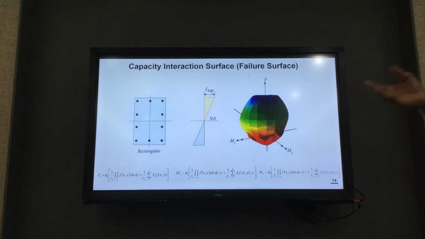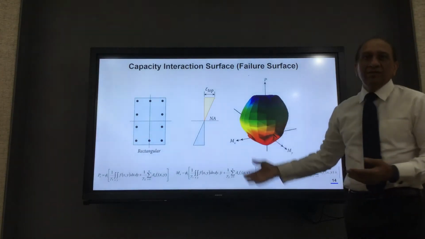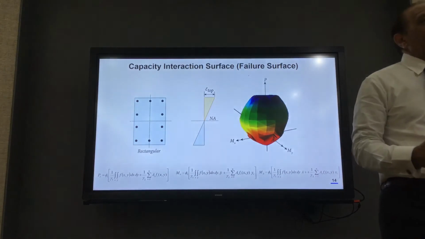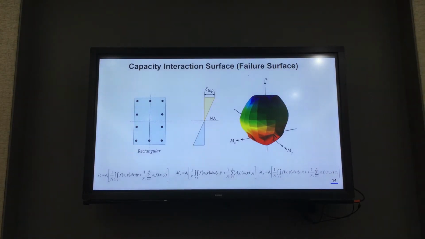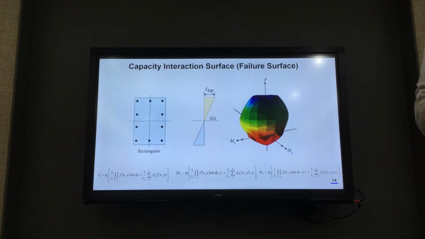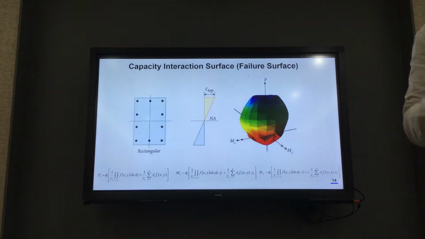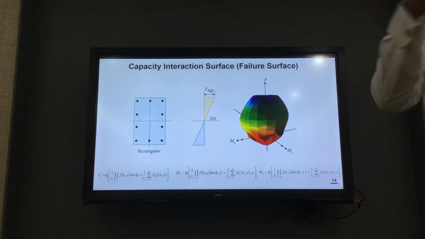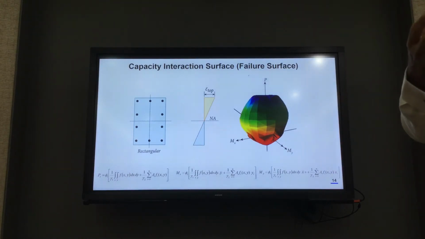So this condition cannot exist because it's an arbitrary design level which we have created just to check something, but it is not real. So we cannot rely on this information to determine the performance of a structure. We need to compare real loading with real response. Then we will know if they're okay or not.